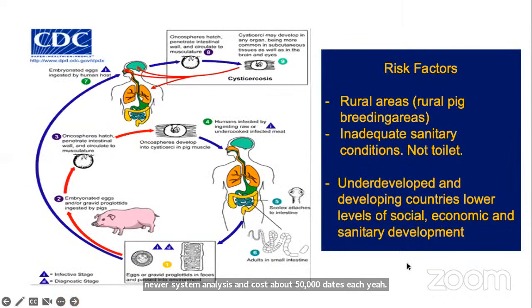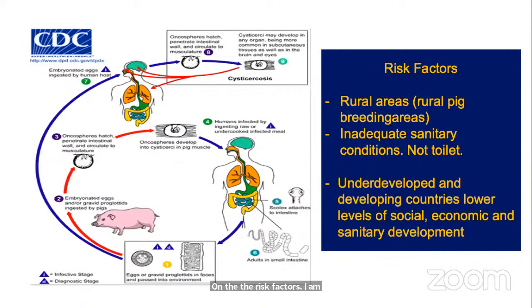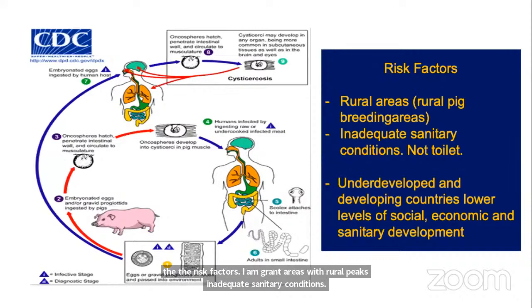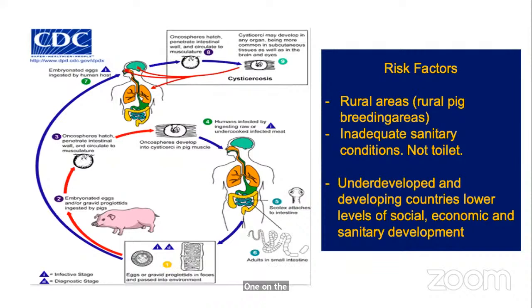The risk factors are rural areas with free-roaming pigs, inadequate sanitary conditions, no toilets, and underdeveloped countries with low levels of social, economic, and sanitary development. The infection starts with pigs, and the definitive host is the human.